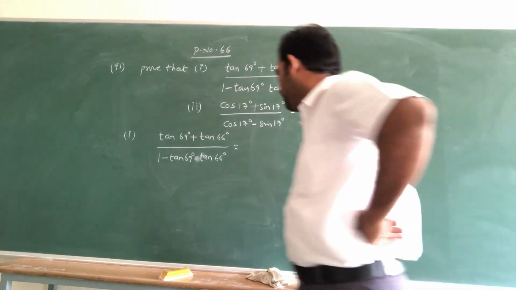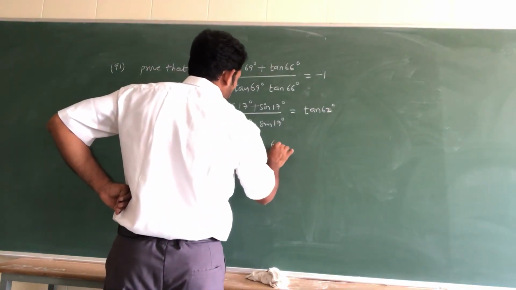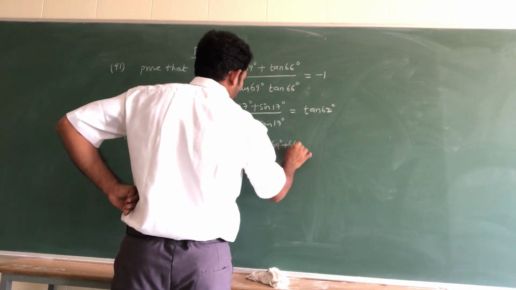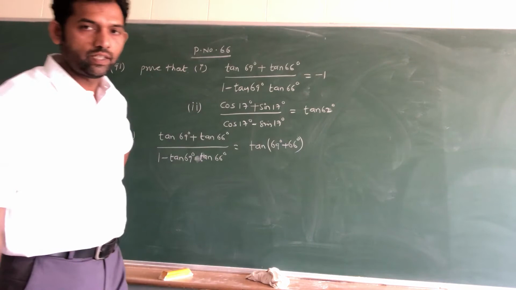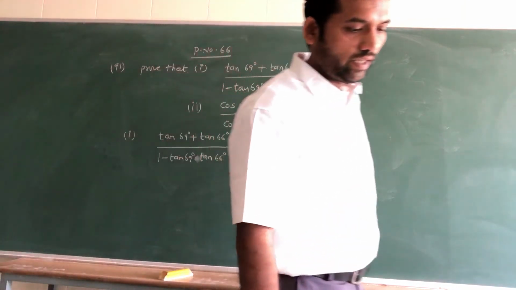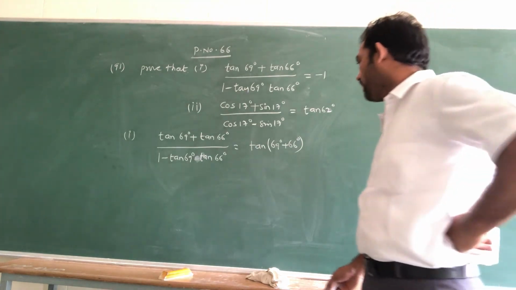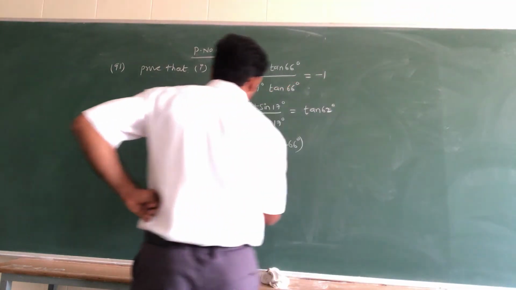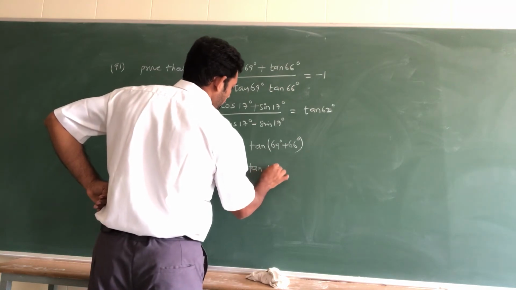So this is tan of 69 plus 66. That whole summation is nothing but tan 135 degrees.